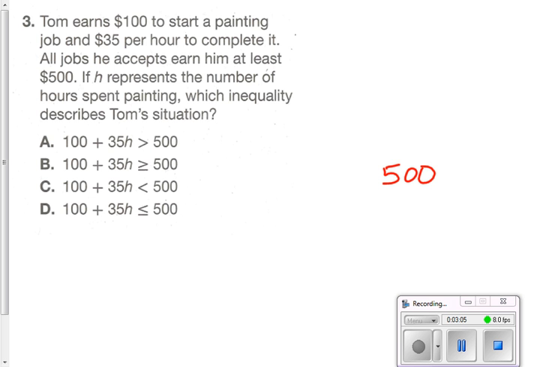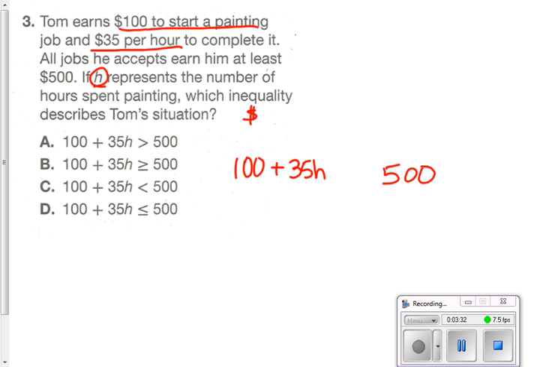In order to get to 500, he automatically tags on 100 bucks to his paint job. So 100 bucks to start the job, plus we know he makes $35 per hour. Hours are represented by H, so plus 35H.